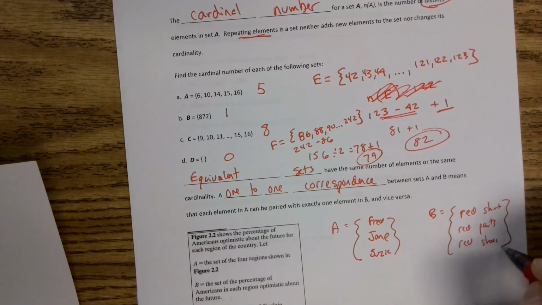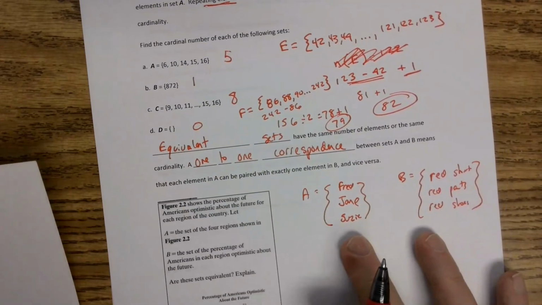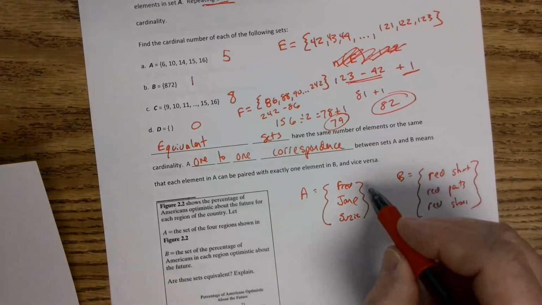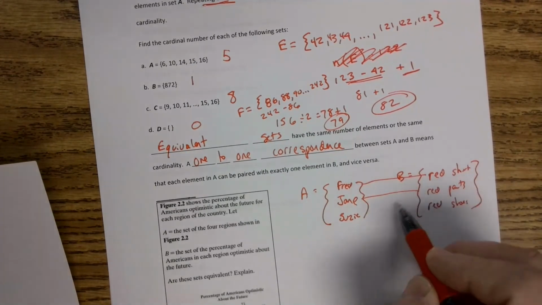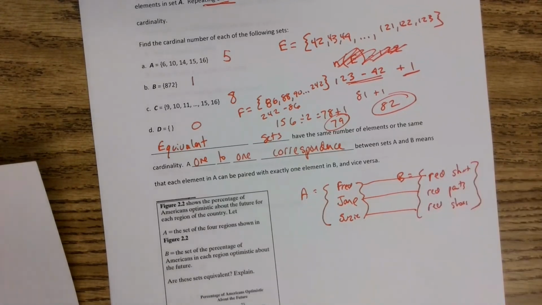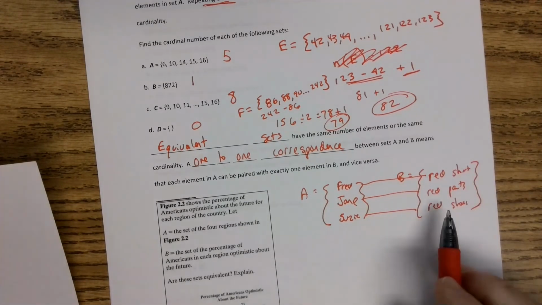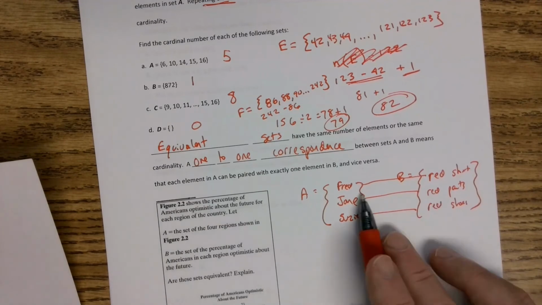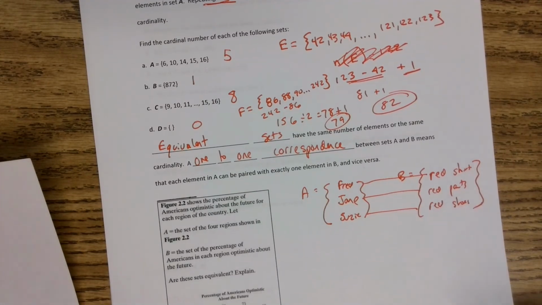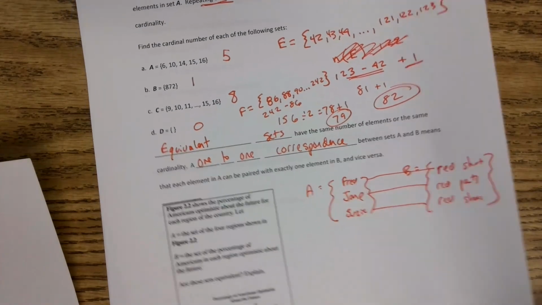Okay? So their cardinality is 3, both of them. They're equivalent. Now, if Fred was wearing a red shirt and Jane was wearing red pants and Susie was wearing red shoes, then we could pair those up with a one-to-one correspondence. That Susie always wore red shoes, Jane always wore red pants, Fred always wore red shirts. Then that's a one-to-one correspondence. Cardinality means something more here on this next one.